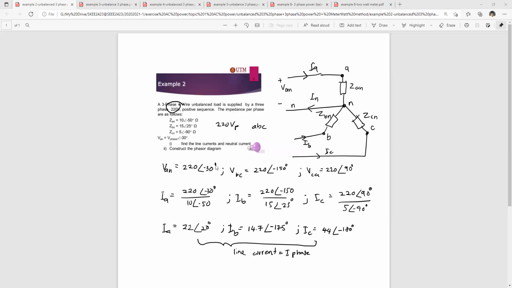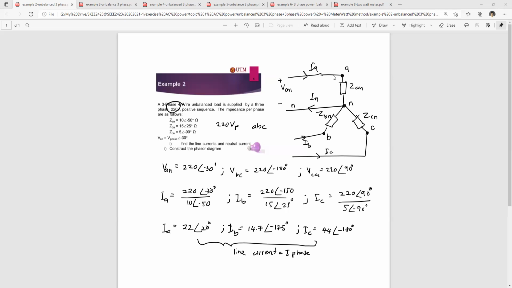For VBN, since this is a balanced system for the voltage source, the magnitude is the same, but the angle must be 120 degrees different from VAN. That's why we have negative 150 degrees, and also for VCN 220 with an angle of 90 degrees.